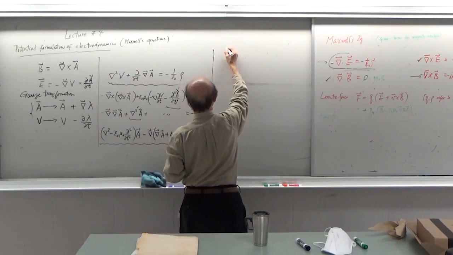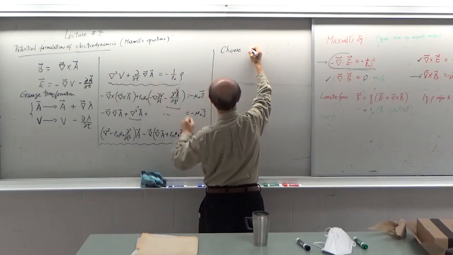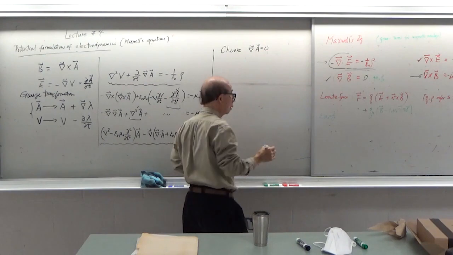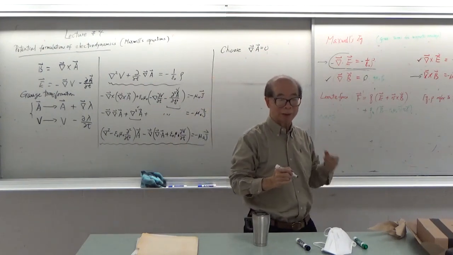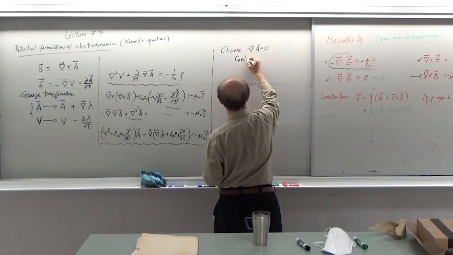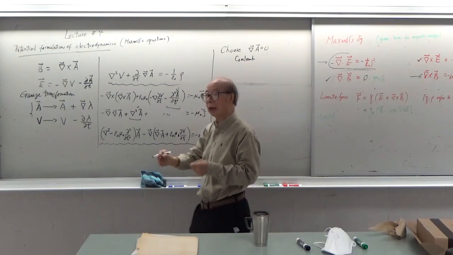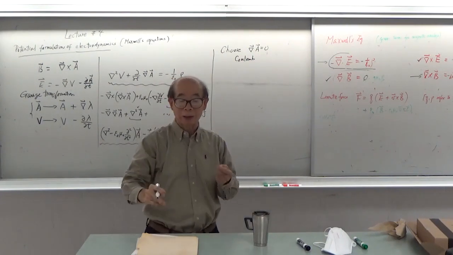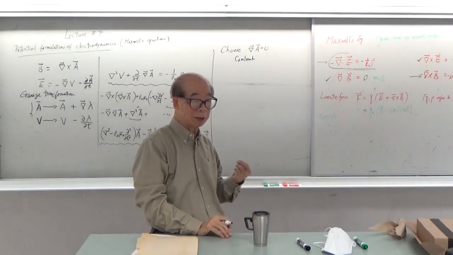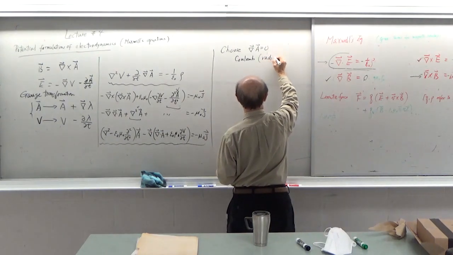So choose the class of gauge of potential such that the divergence of A is 0. This particular choice is known as the Coulomb gauge. When we use divergence A is 0, we are in fact implicitly using the so-called Coulomb gauge, and you will understand why it's called Coulomb gauge in a moment. Sometimes this is also known as the radiation gauge.